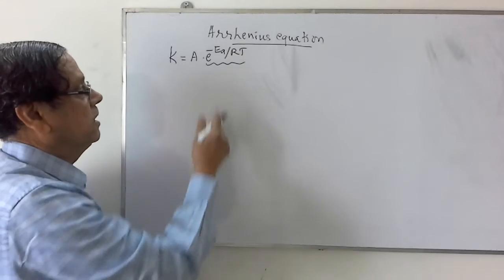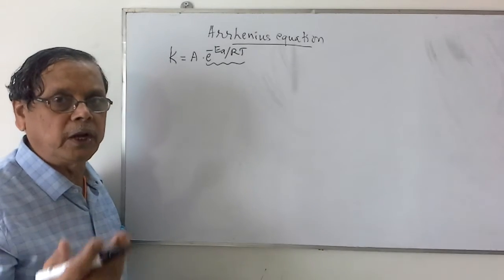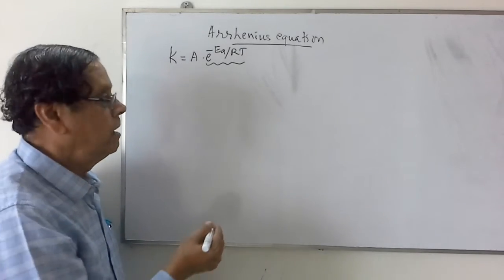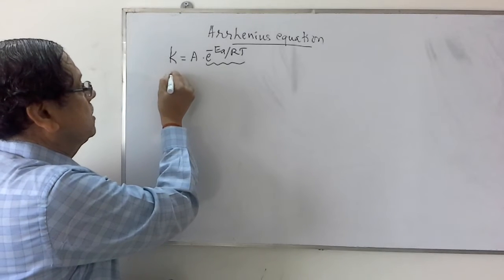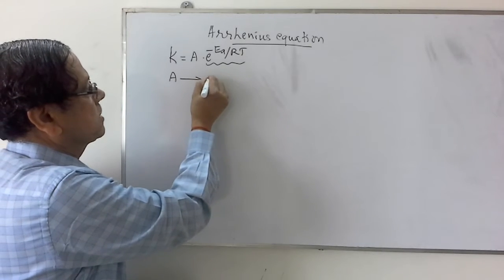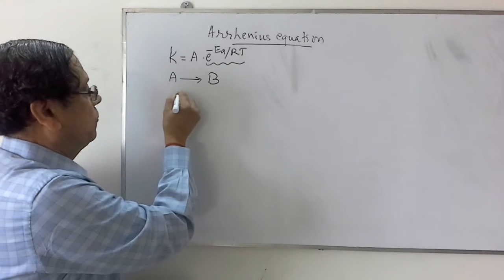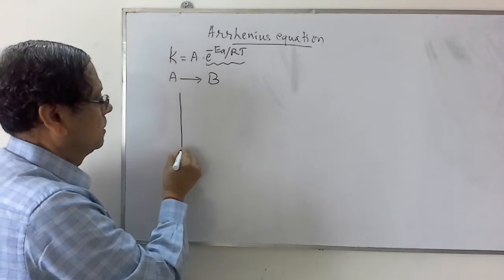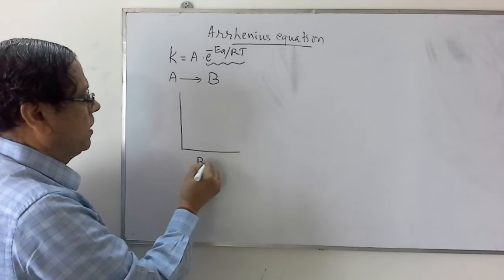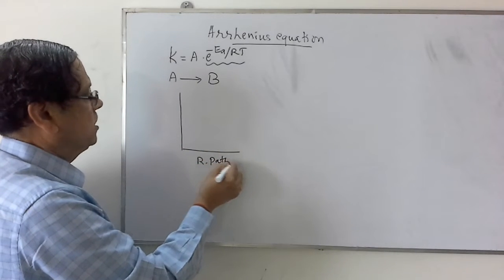So to understand this energy of activation and fraction of molecules possessing energy of activation, let us consider this reaction path. Say for example, we have a reaction A giving rise to B. If you draw the graph of this reaction path, this is reaction path and this is energy.